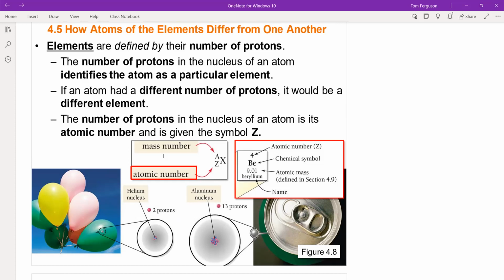And also what we call an atomic mass. Okay, sometimes the name is included, sometimes it isn't. Some professors like you to memorize the periodic table. I don't believe that, but some people do. Like we had a departmental meeting about how much of the periodic table our students should memorize.